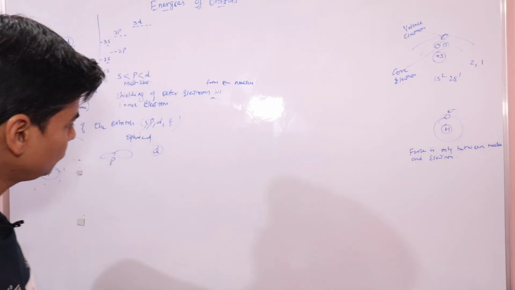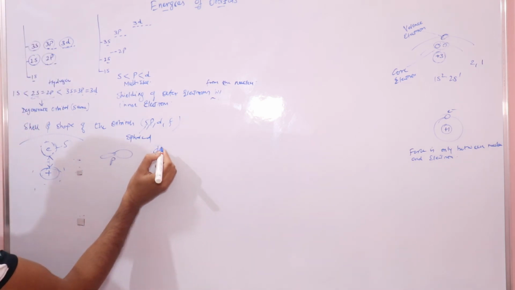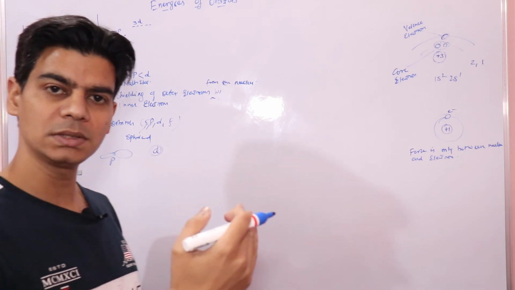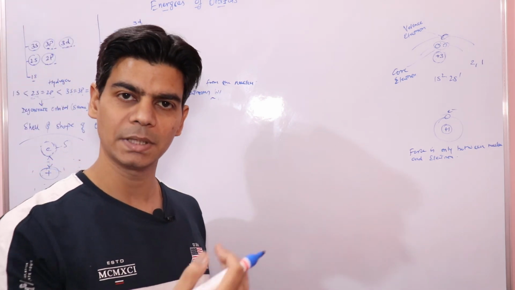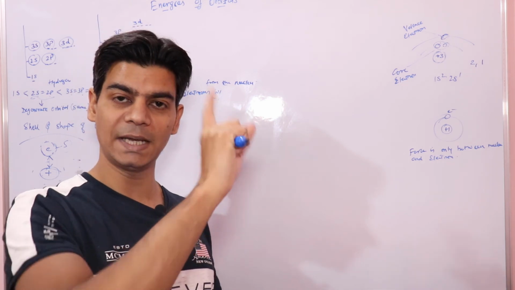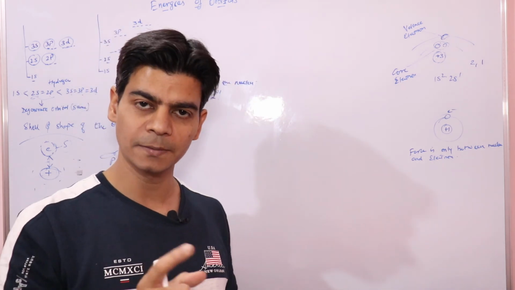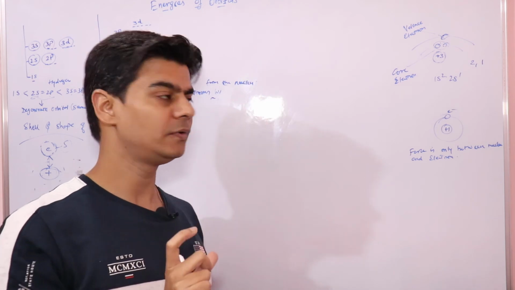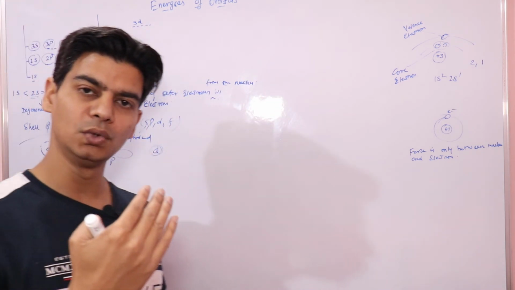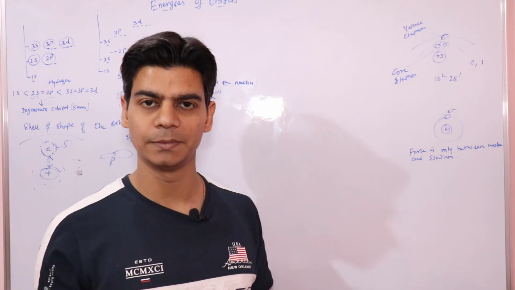The farther you are from the nucleus, the more the energy, like the outermost shell, which is farthest from the nucleus, has maximum energy.